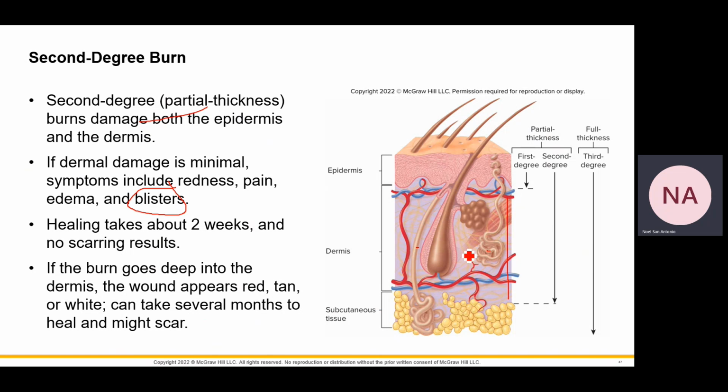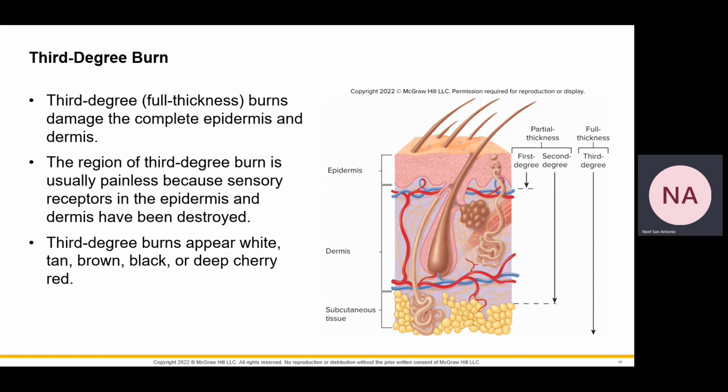Pwede talagang mag-scar. Pwedeng magpeklat kasi dermis na yung affected. And there are already collagen fibers that were damaged. Kaya magkakaroon ng peklat talaga. Because when collagen fibers are affected, sigurado magpepeklat talaga yan. And lastly, you have your third degree burn, which is yung full thickness burn. Meaning, hanggang saan? Even the subcutaneous tissue.